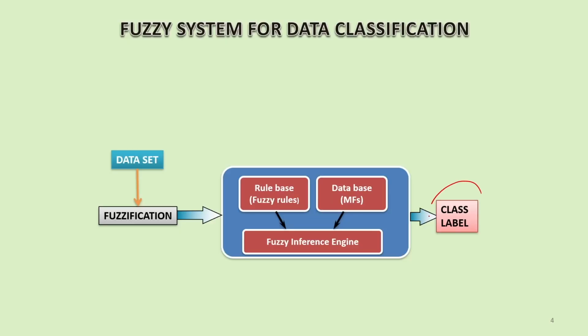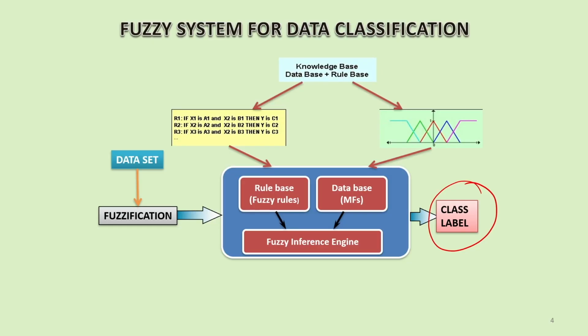Here I have taken an example of a classification problem. So far we have discussed many case studies that involve the use of fuzzy systems, all of them control related problems, starting from washing machine control, inverted pendulum, DC motor speed control, PID control, and so on.